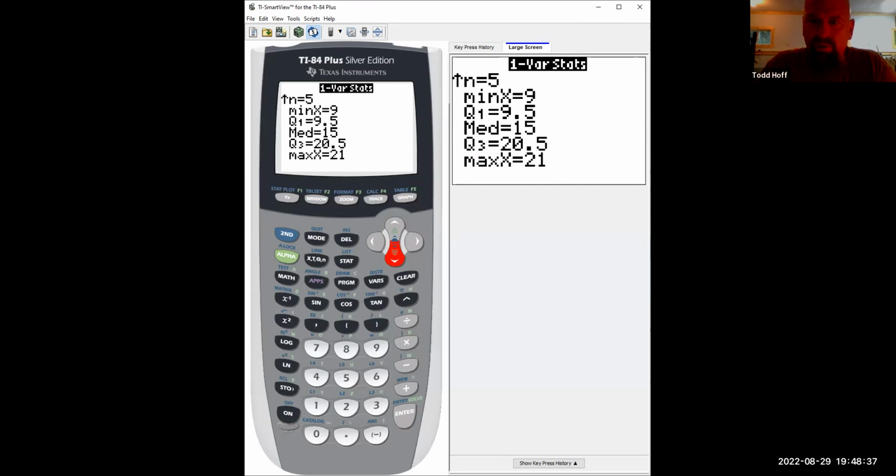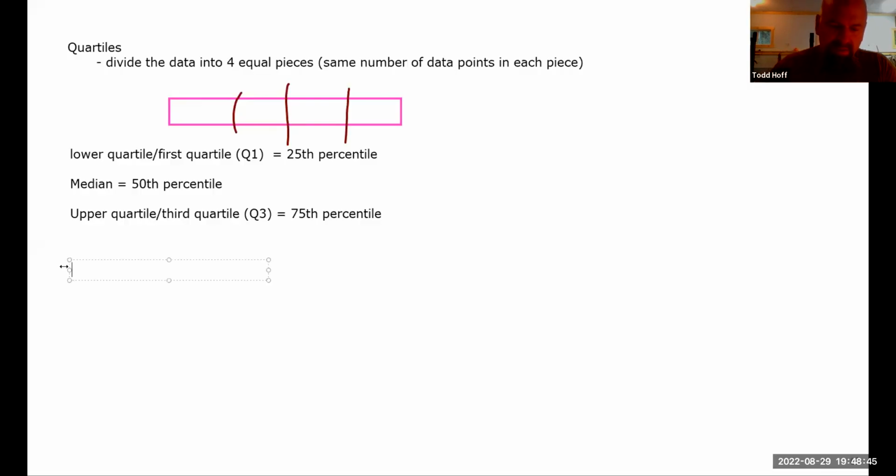These 5 numbers here make up what we call the 5-number summary. That would be the minimum, the first quartile, the median, the third quartile, and the maximum.